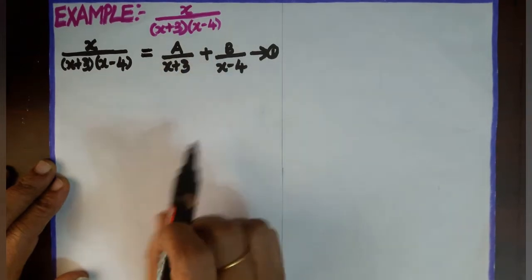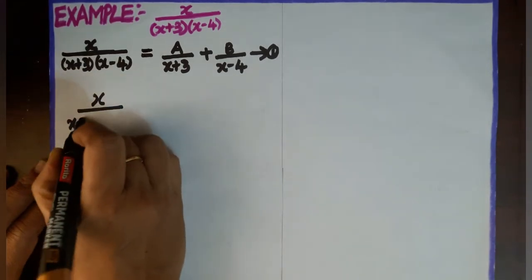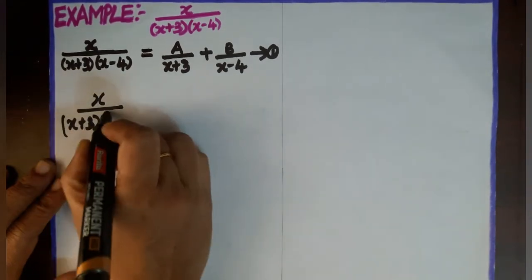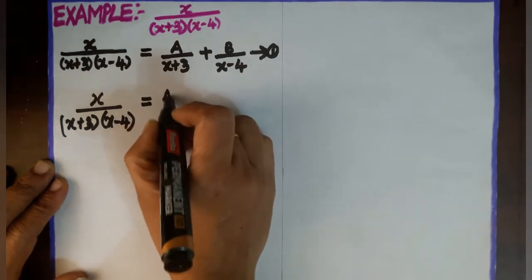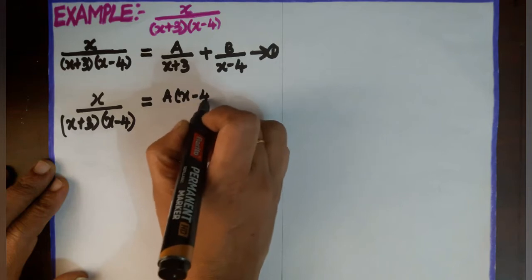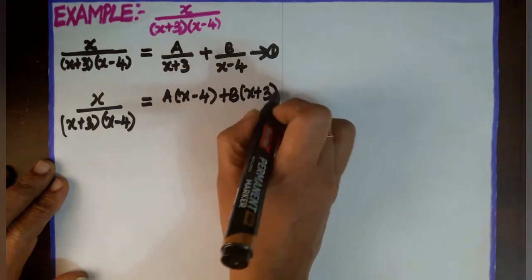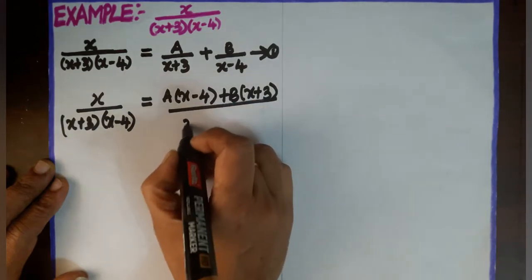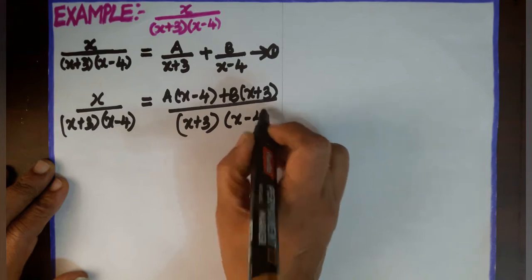Next, we have to take LCM. Then we get x by x plus 3 into x minus 4 equal to A into x minus 4 plus B into x plus 3 divided by x plus 3 into x minus 4.